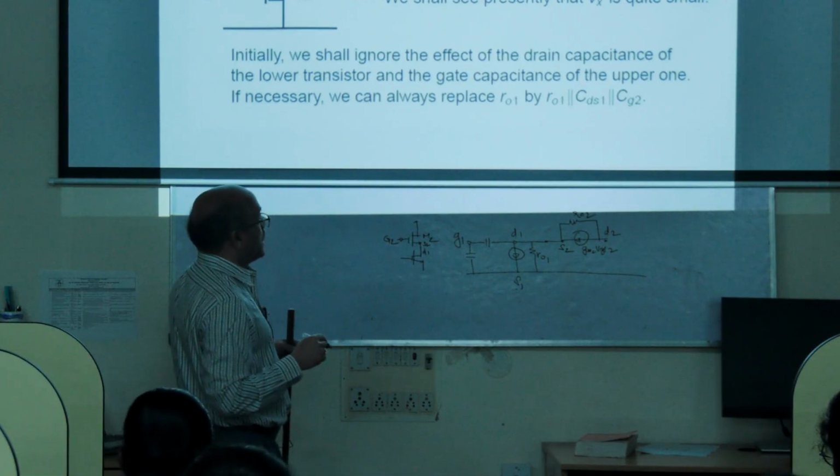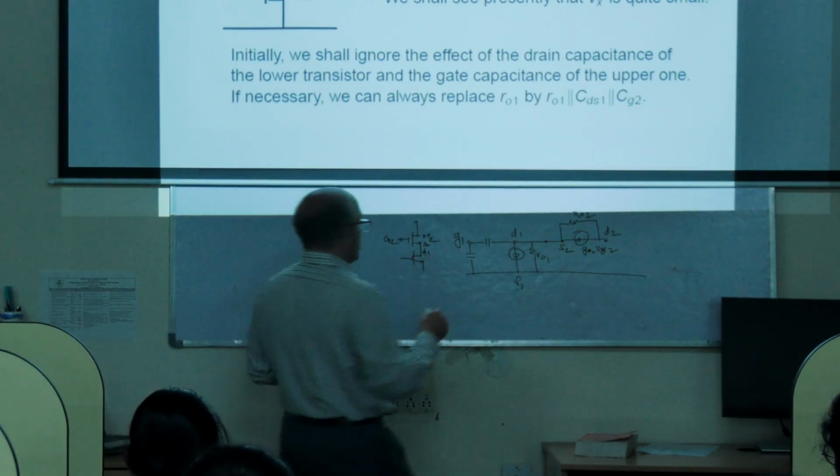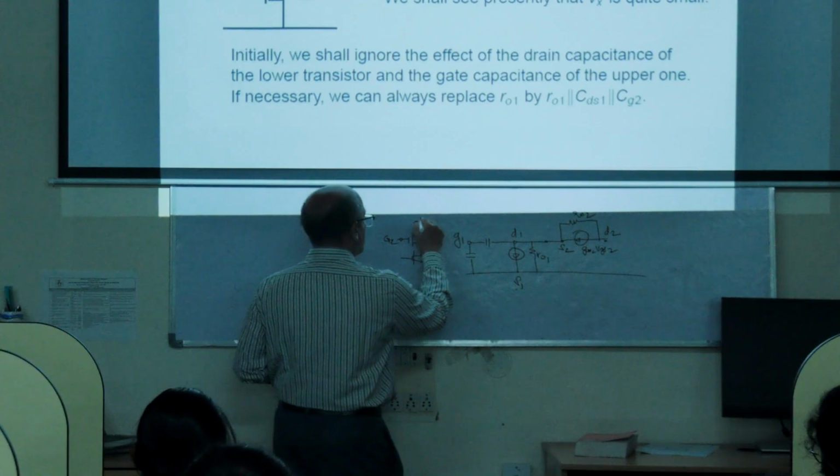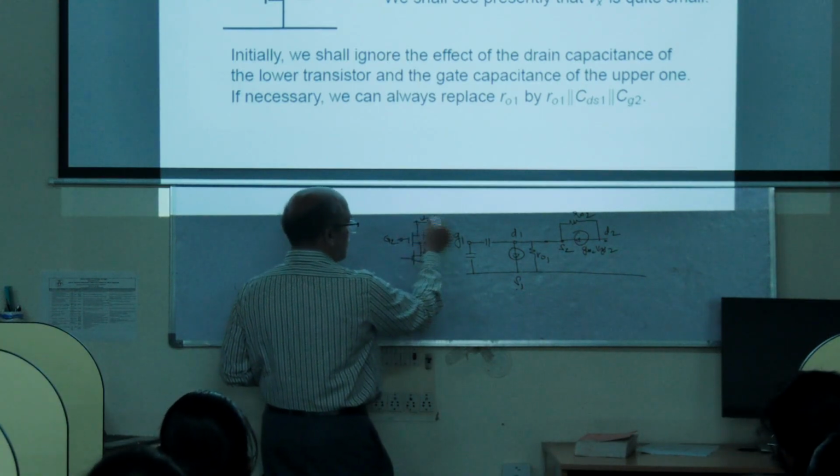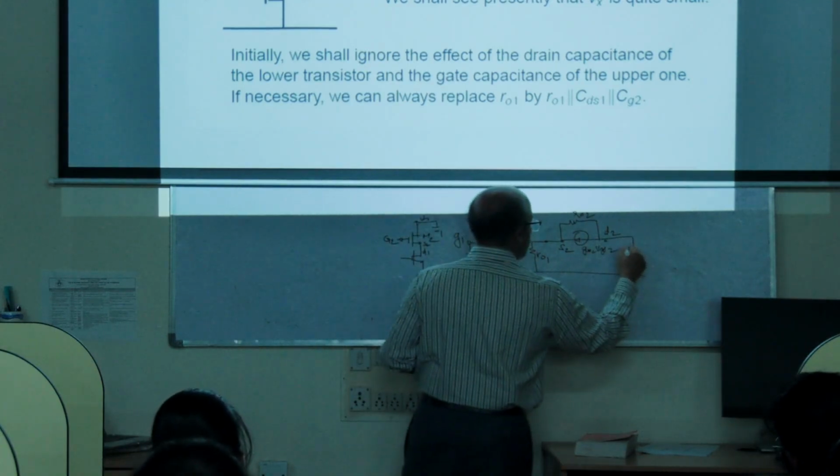Okay, and at this output node, whatever the capacitance is there at this node, all these equivalent capacitances put together, I will represent by C0.